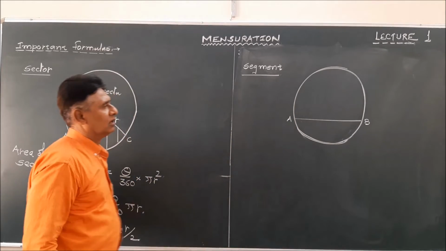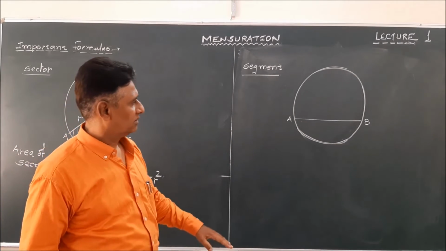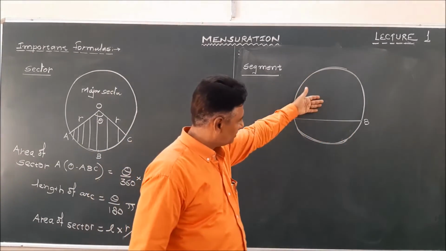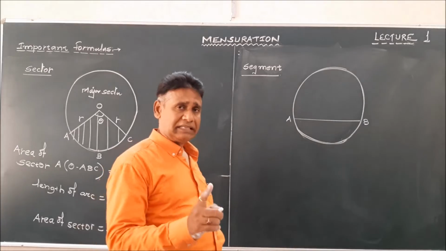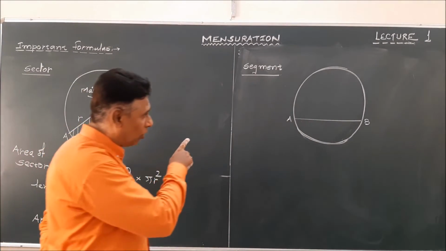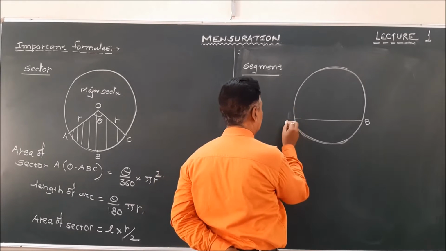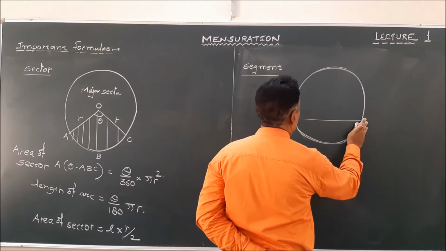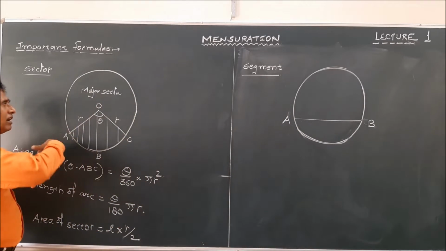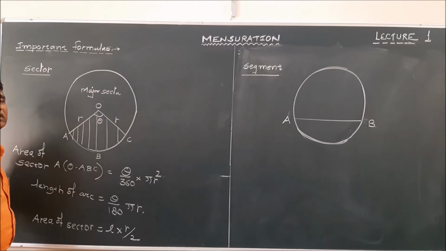Now you will surely find this circle is divided into two parts because of this chord AB. Try to understand. In this case, circle is divided into two parts because of the chord.